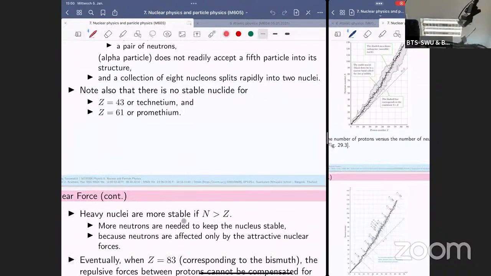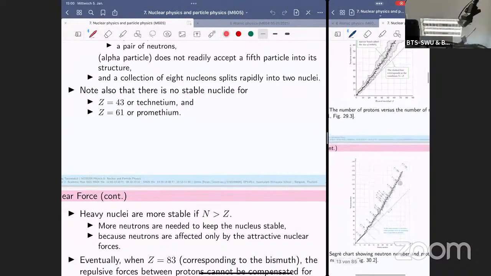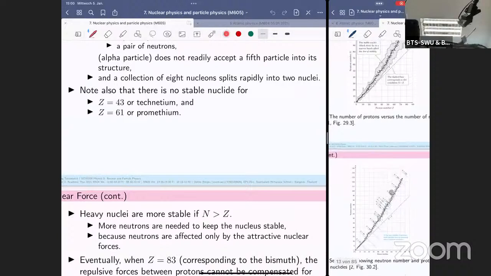Heavy nuclei are more stable if N is greater than Z. The case when N is greater than Z means it's above the dash line. You can see that the big elements have more neutrons than protons inside the nucleus.